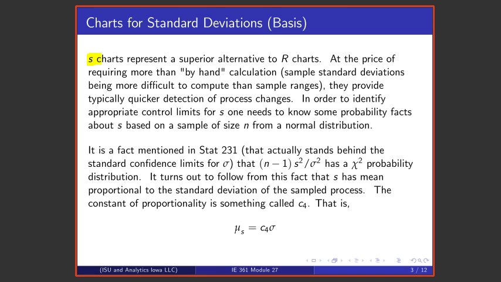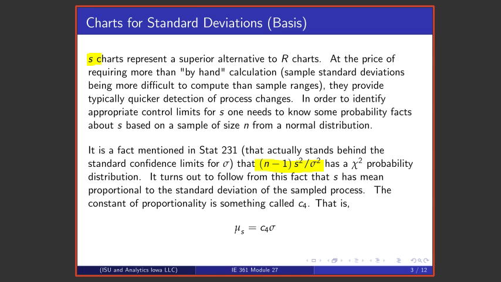In order to figure out what are appropriate control limits for standard deviations, one can make use of a fact that is alluded to in probability courses or basic statistical courses for engineers, that when sampling from a normal distribution, if one takes n-1 times the sample variance and puts it over the population variance, one gets a variable that is chi-square distributed.